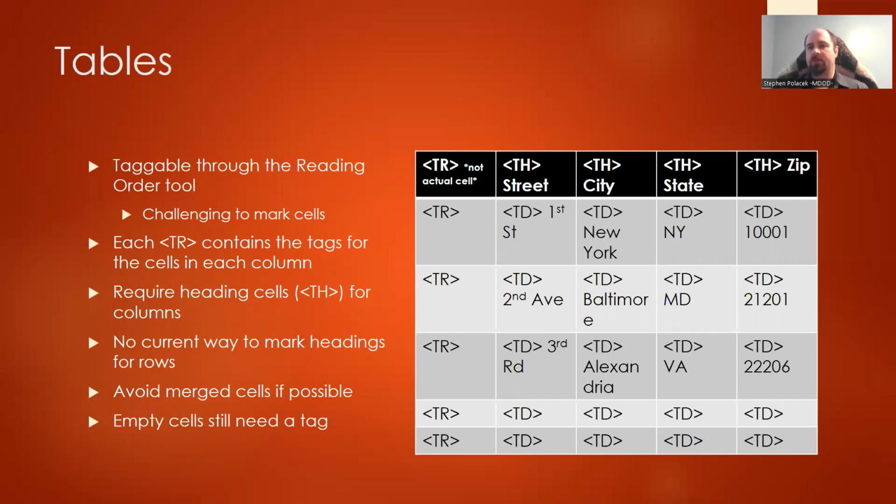Tables are divided into rows, TRs. Each row then contains the cells for each column. We have a 6x5 table on screen here. The first row is black with white text because it's the heading cells.